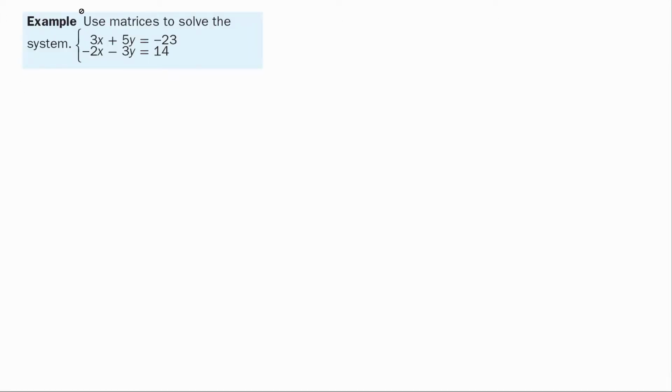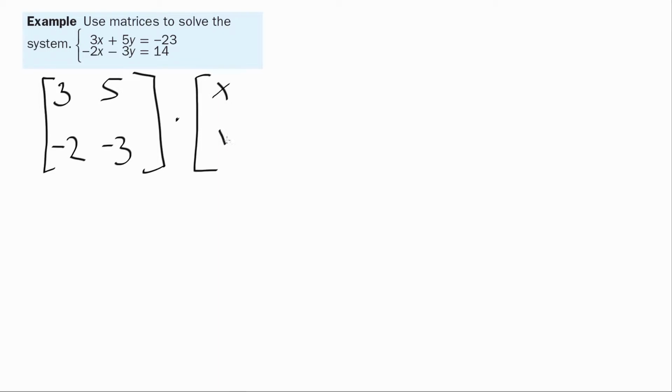So let's try one. Here's our matrix. The first step is, what does the matrix for the system look like? That's 3, 5, -2, -3 times x, y, and that equals the matrix -23, 14.